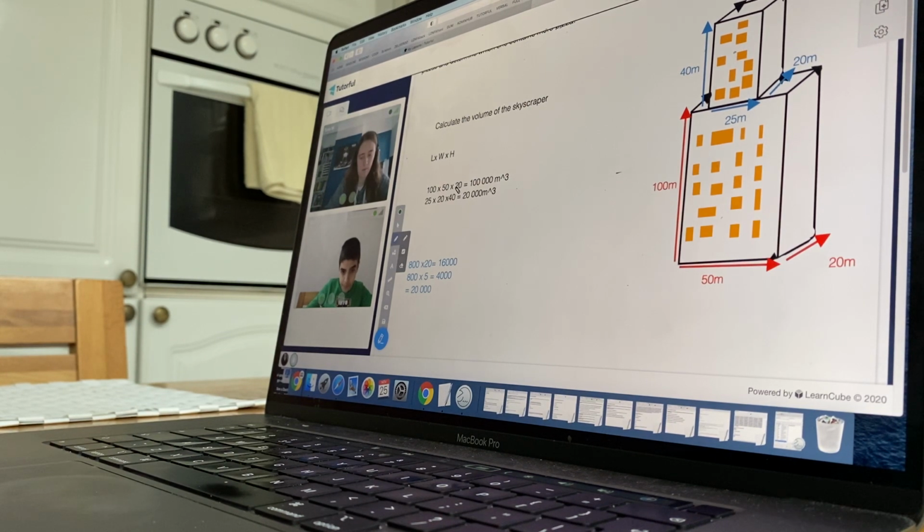So 20,000 plus 100,000. 1 second. It's 120,000. Yeah, really good. 120,000 meters cubed.